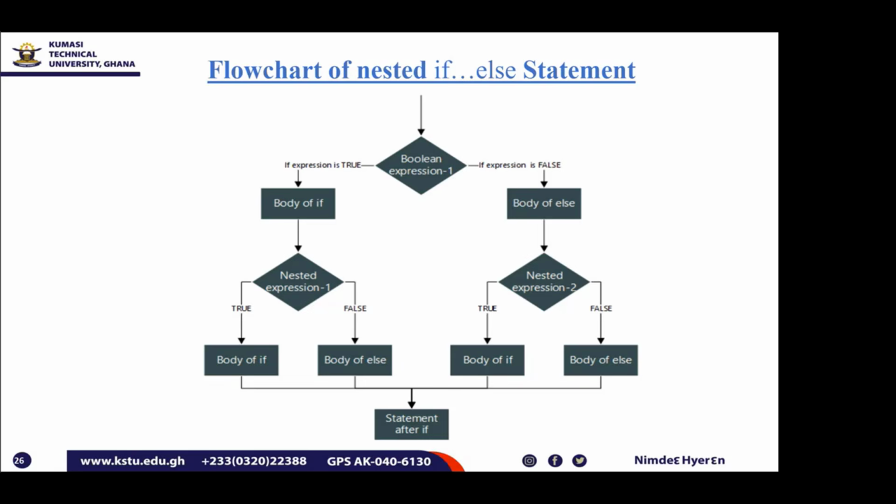Similarly, if the Boolean expression 1 is not true and it is false, then the nested expression, which is attributed to the else of the original if-else, is now considered. And in the same vein, if the nested expression 2 is true, then the body of if is executed. Else, if it is false, then the body of the else is executed.